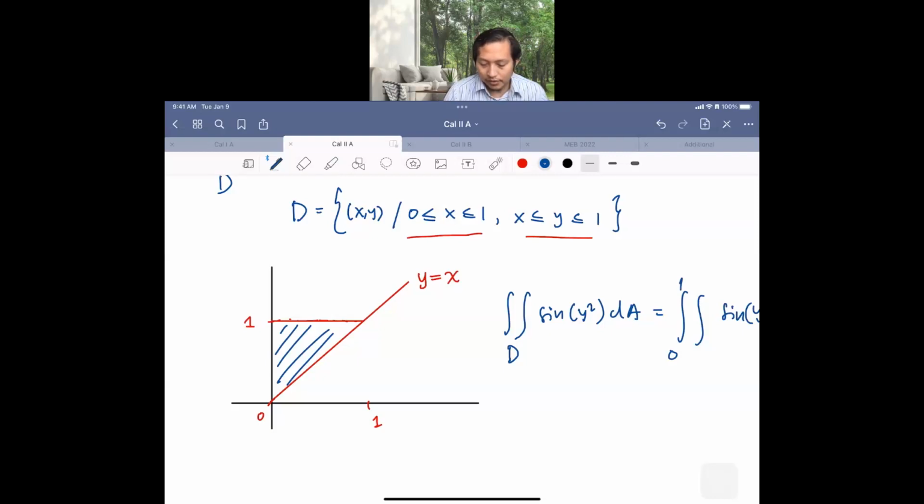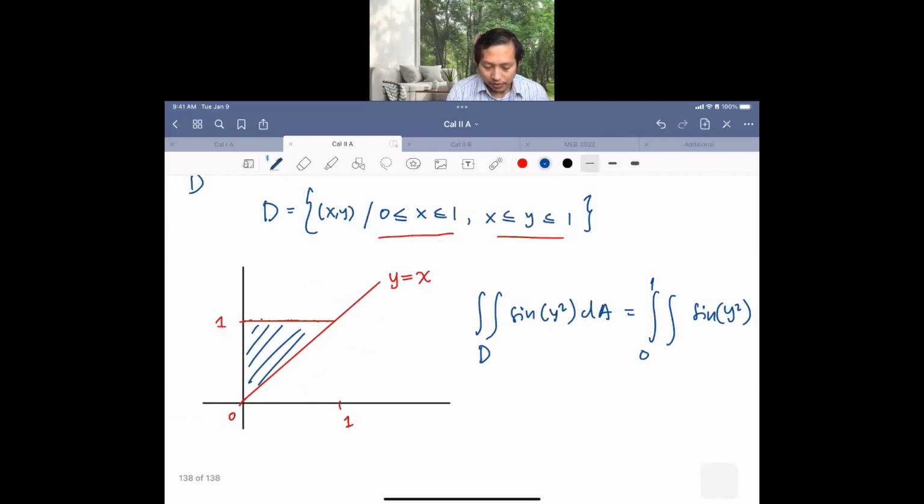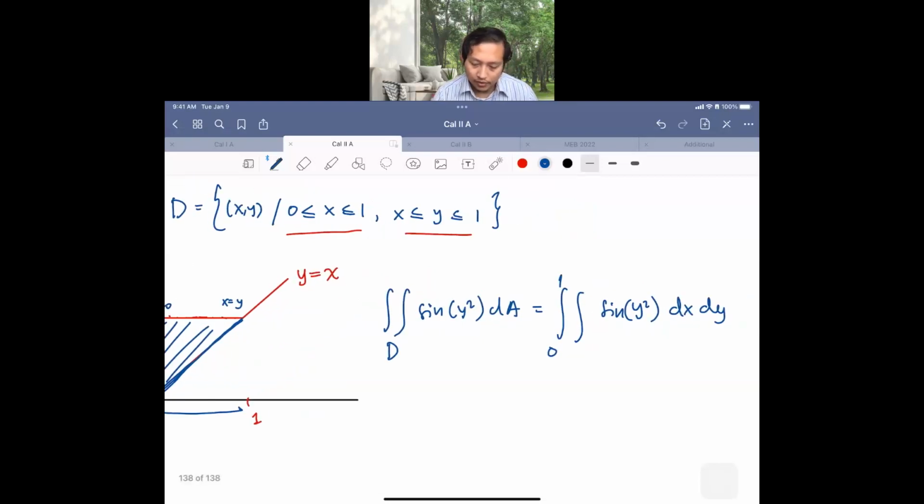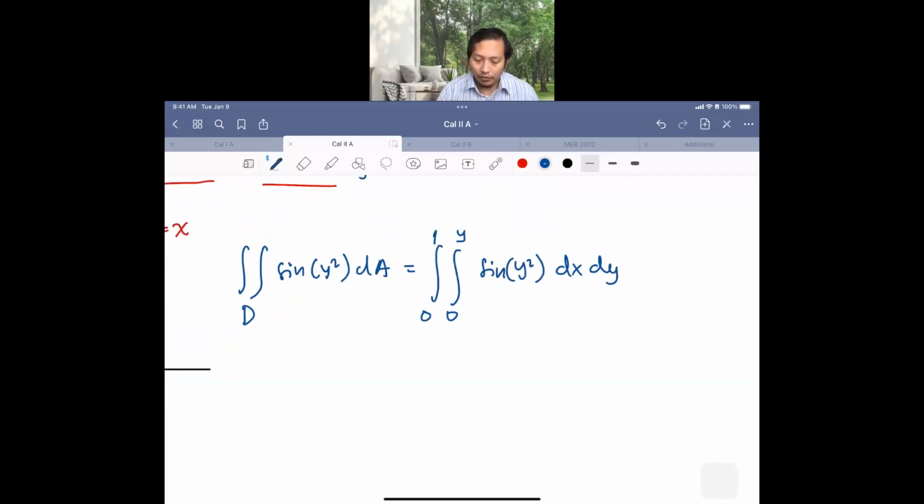So x will be a variable, and we have from 0 to y.